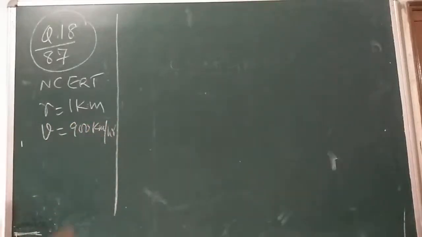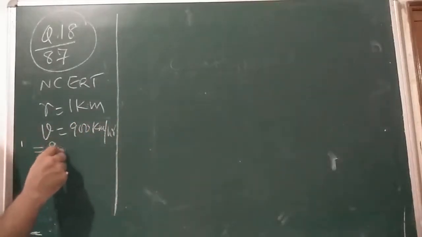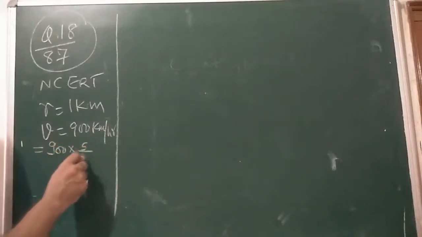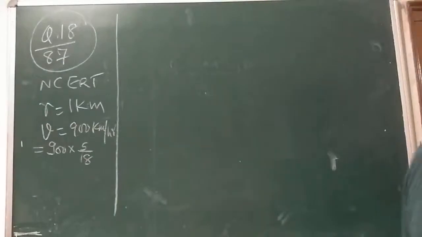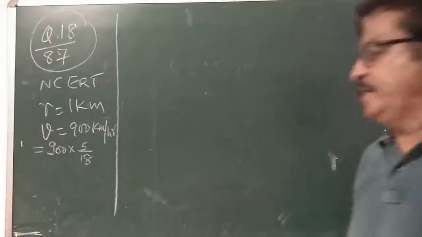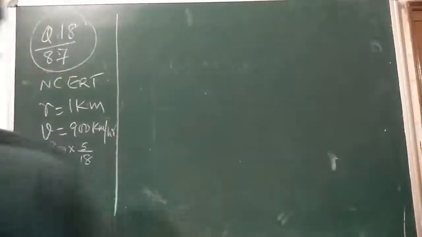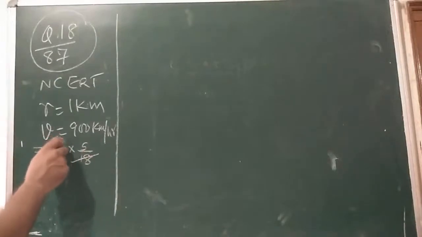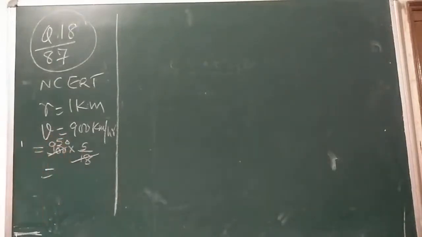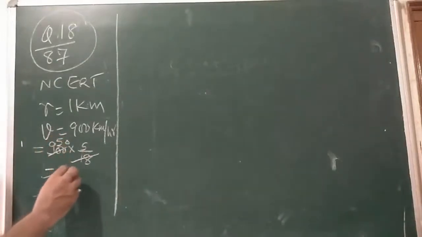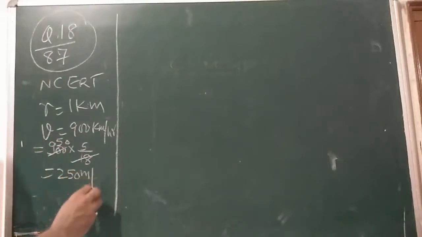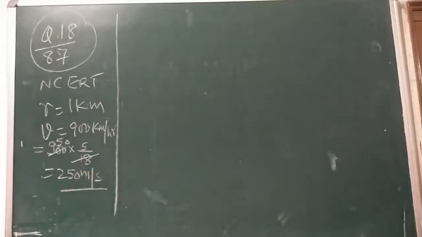If you want to convert into meter per second, you multiply it by 5/18. So 50 into 5, that is 250 meter per second. Is it clear? Write down 250 meter per second.